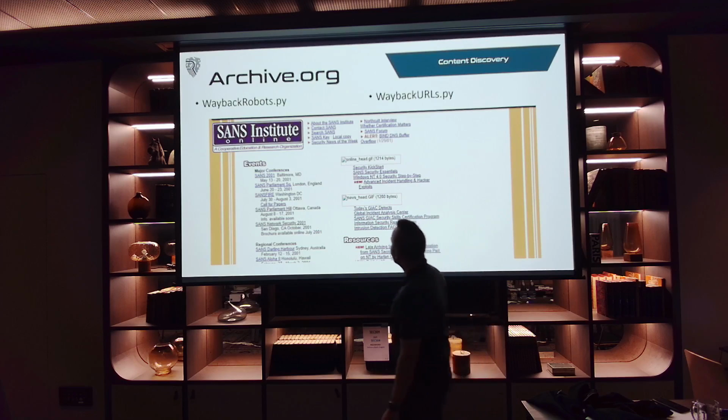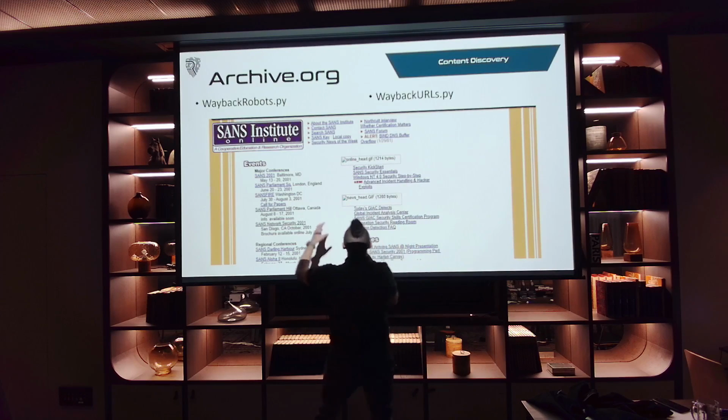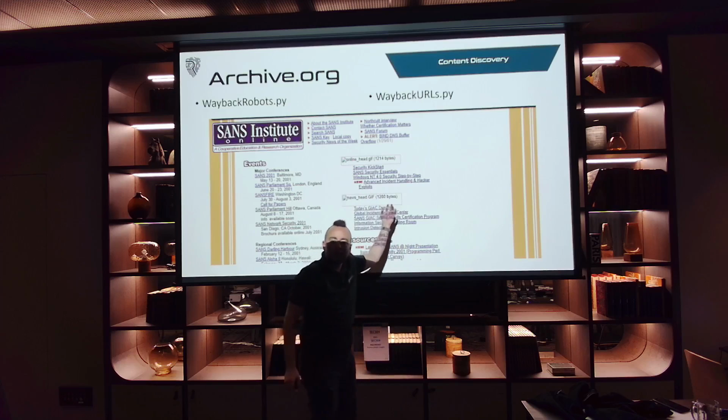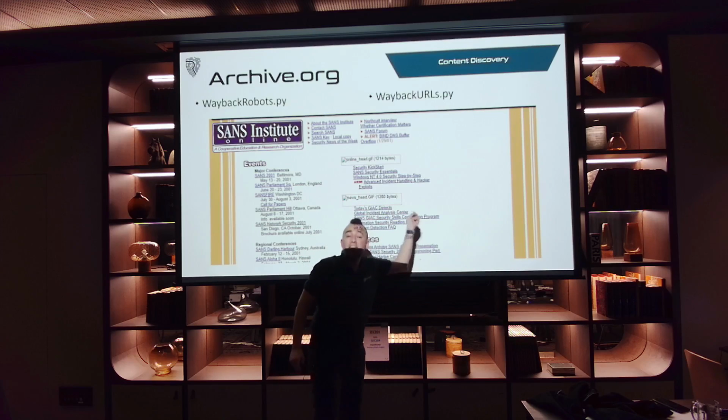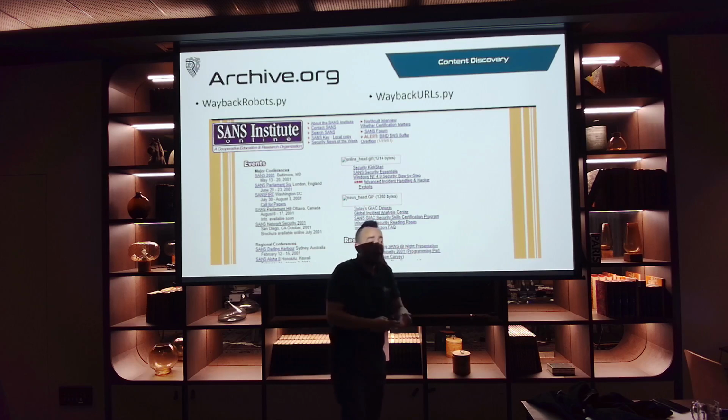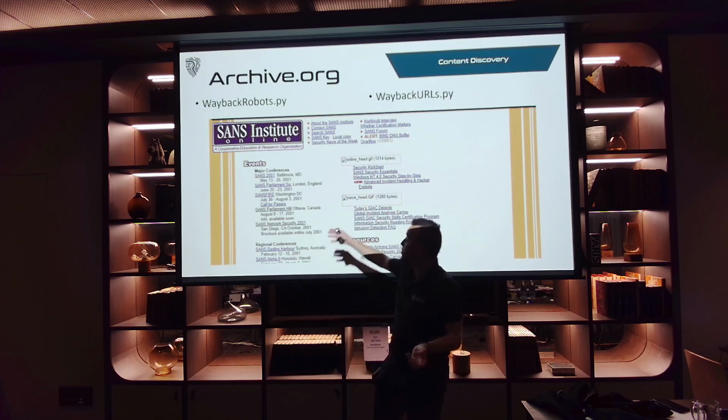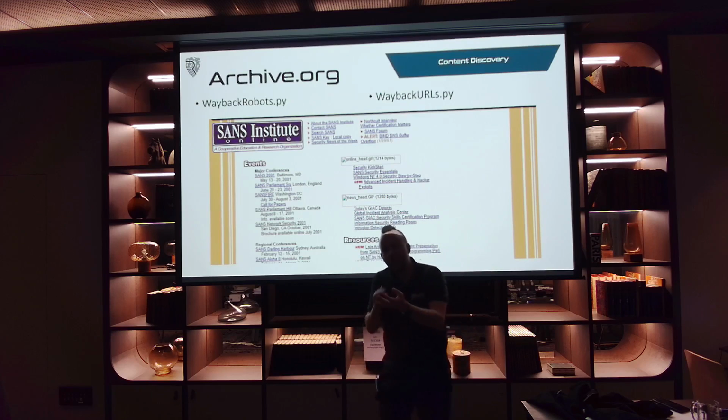Well, maybe some of the old stuff is still enabled on the website. Old scripts, old content. The website has been through many iterations since then, but it could be that some of the older stuff is still available. And that old stuff, well, it could have vulnerabilities.